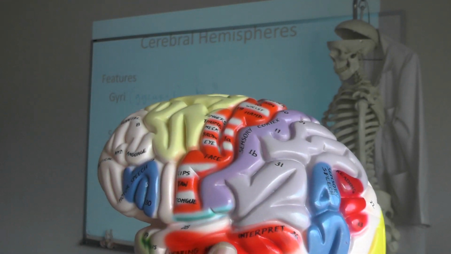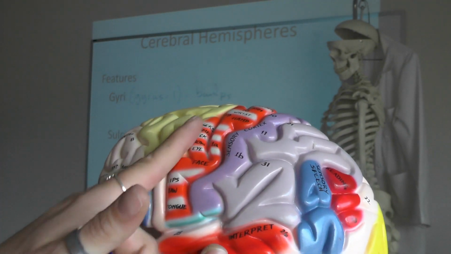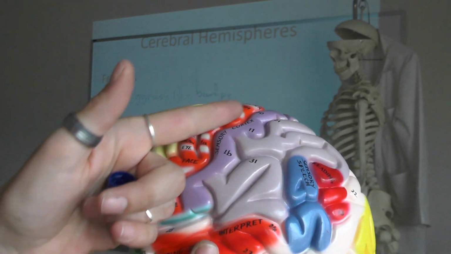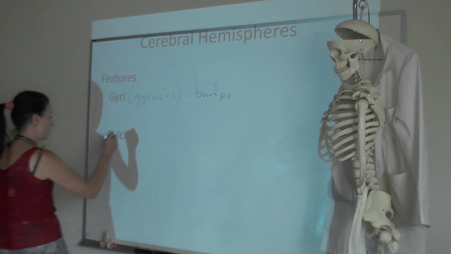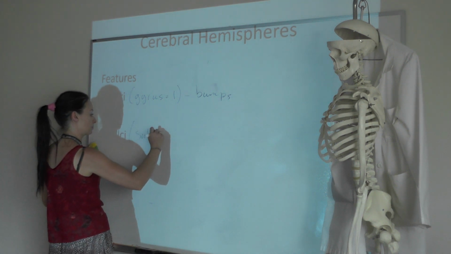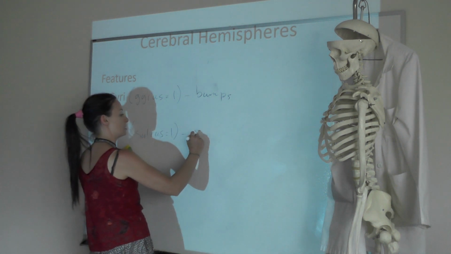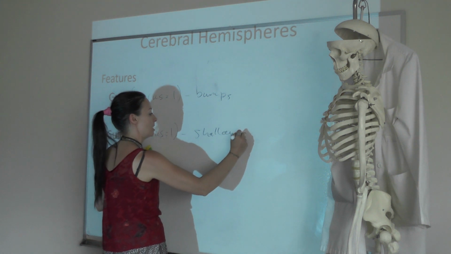But yeah, surface features. Bumps, gyri, shallow dips, sulci. Or a sulcus is one. And these are the shallow dips.